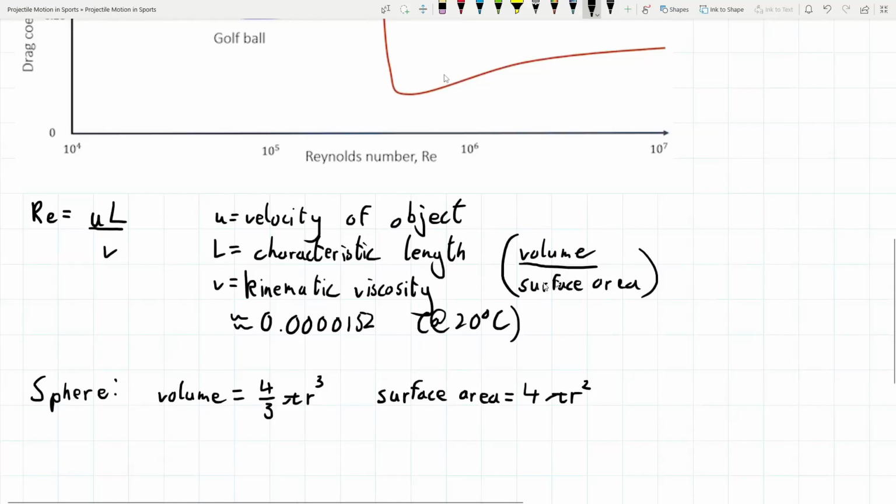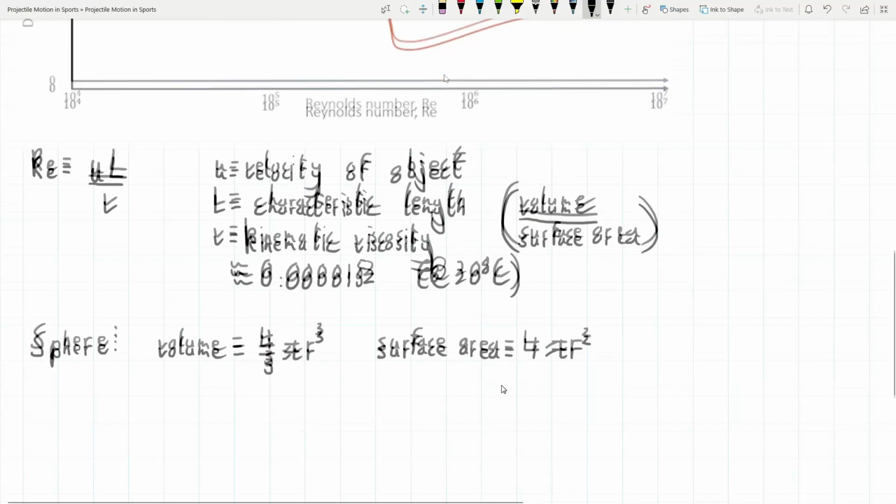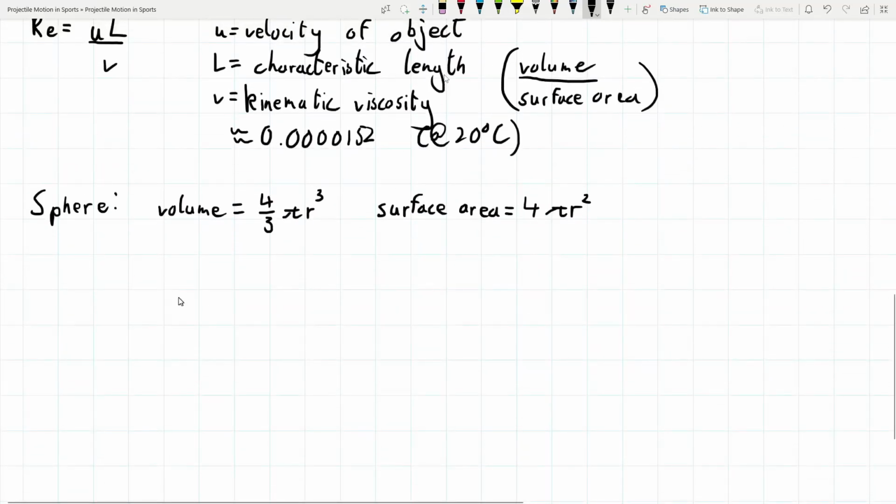So if we look at the characteristic length now, for a sphere the volume is 4 over 3 pi r cubed, and the surface area is 4 pi r squared. So volume over surface area is 4 over 3 pi r cubed all over 4 pi r squared. We can cancel the pi's. We can also cancel the r squared, leaving us with just one r up here.